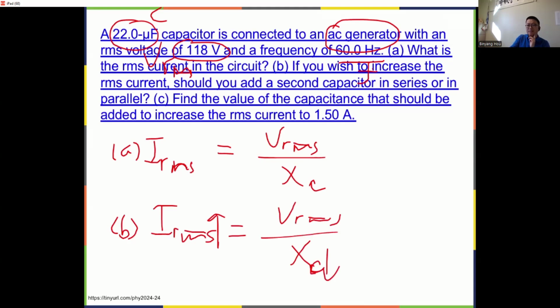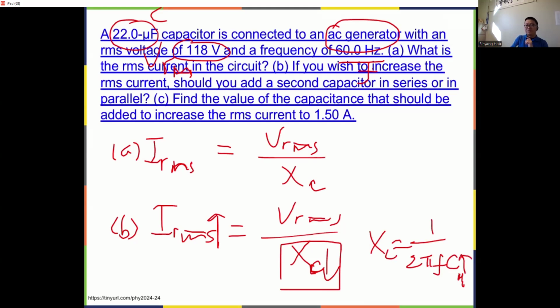Now for capacitors, if you have two of them, you can put them in series or you can put them in parallel, right? So which configuration will give you smaller XC? We just learned that XC equals 1 over 2 pi F times C. So that means the CEQ of the combination actually has to be bigger.